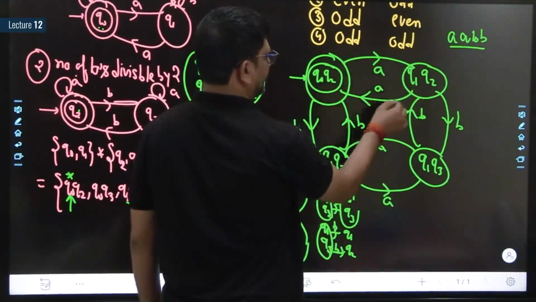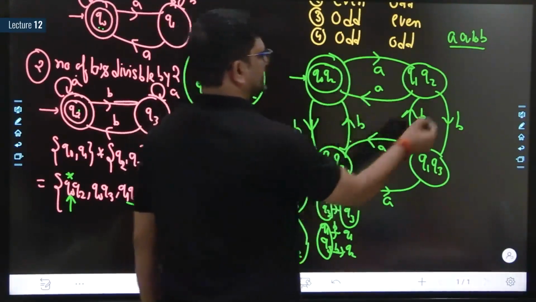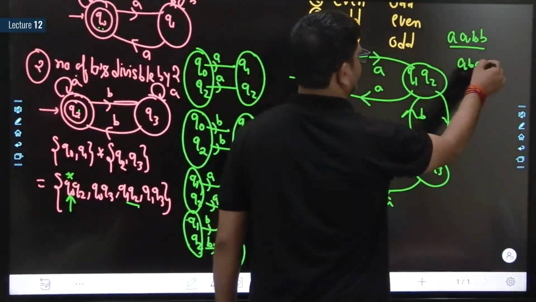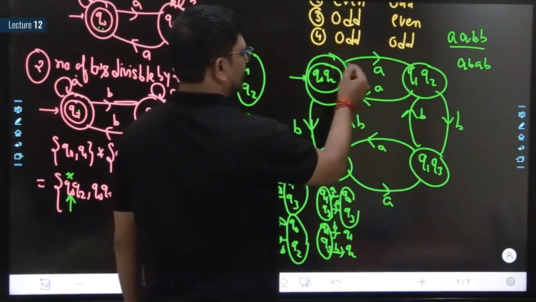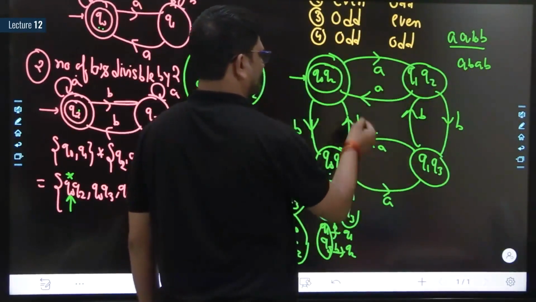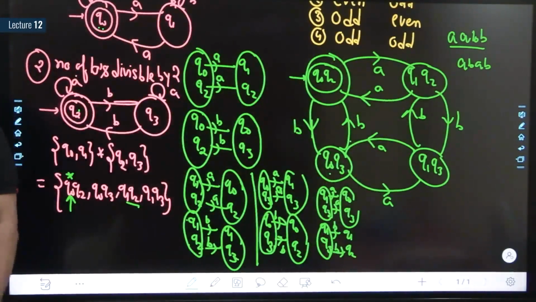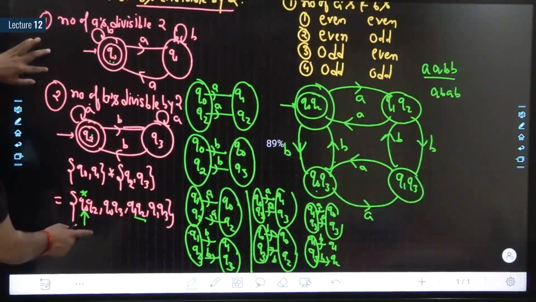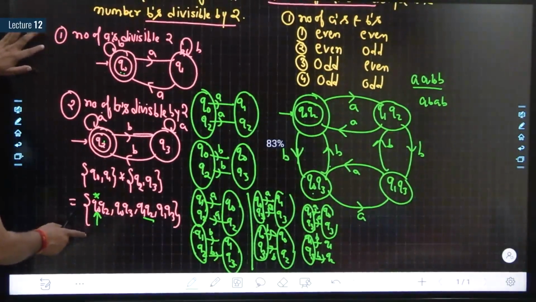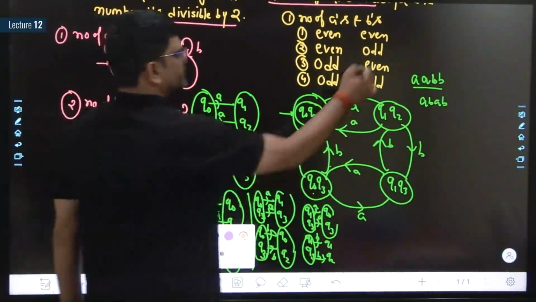A B, accepted. There, number of A's is even and number of B's is even. Please note this down. Have you any query? We have done this question.